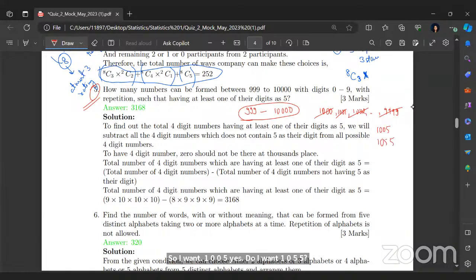You want such numbers which have at least one digit as 5. So I would not consider 1,000, I'm not interested in 1001, not interested in 1002, not interested in 9999. What I want are the numbers that have at least one digit as 5. So I want 1005, yes. Do I want 1055? Yes. Okay, so this is what you're interested in.